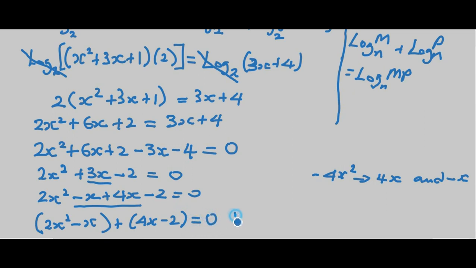This will give us x is common in the first bracket, x out, we have 2x minus 1, and plus 2, 2 is common here, we have 2x minus 1.